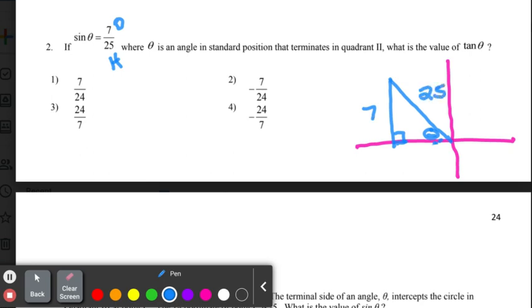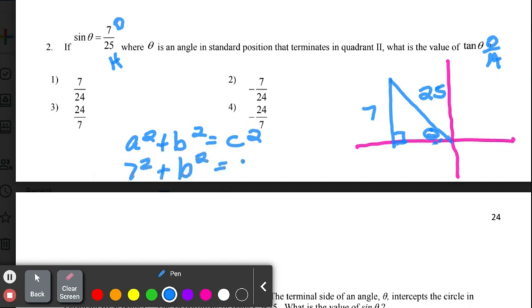In order to find tangent, that's O over A. So we need that x side. So I'm going to do the Pythagorean theorem to find that missing side. So 7 squared plus b squared, we don't know what that is, equals 25 squared. So 49 is 7 squared, and 25 squared is 625.